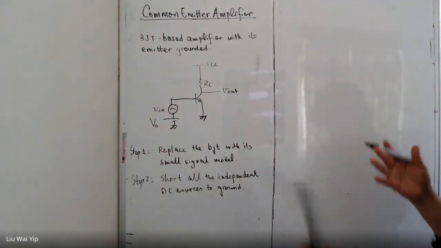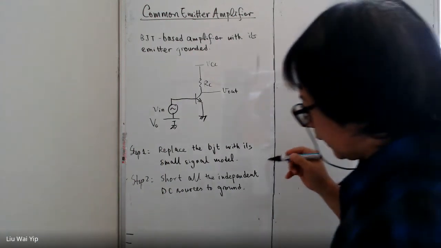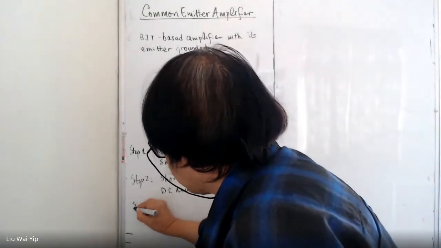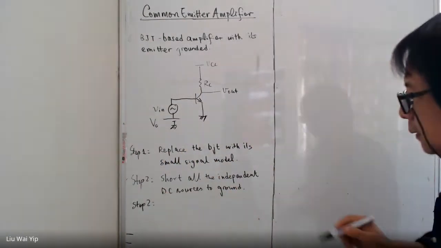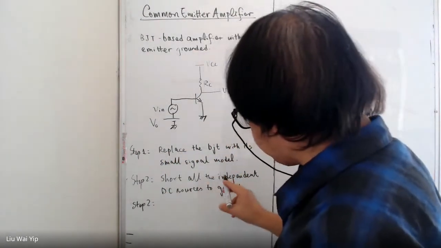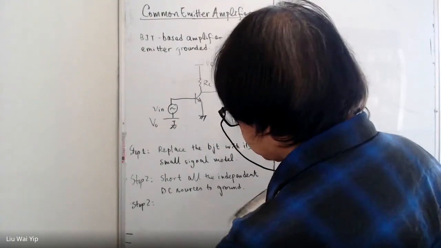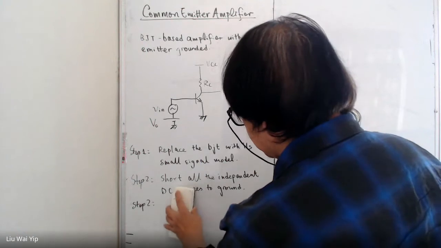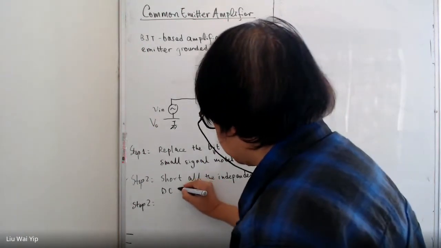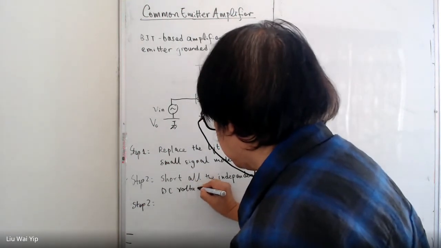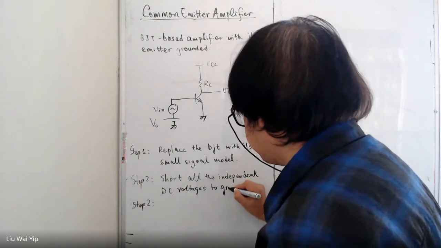And step three, just like what you did in Norton-Thevenin conversions, you just need to open circuit all the independent DC current sources. DC voltage sources, I should say, just short to ground.